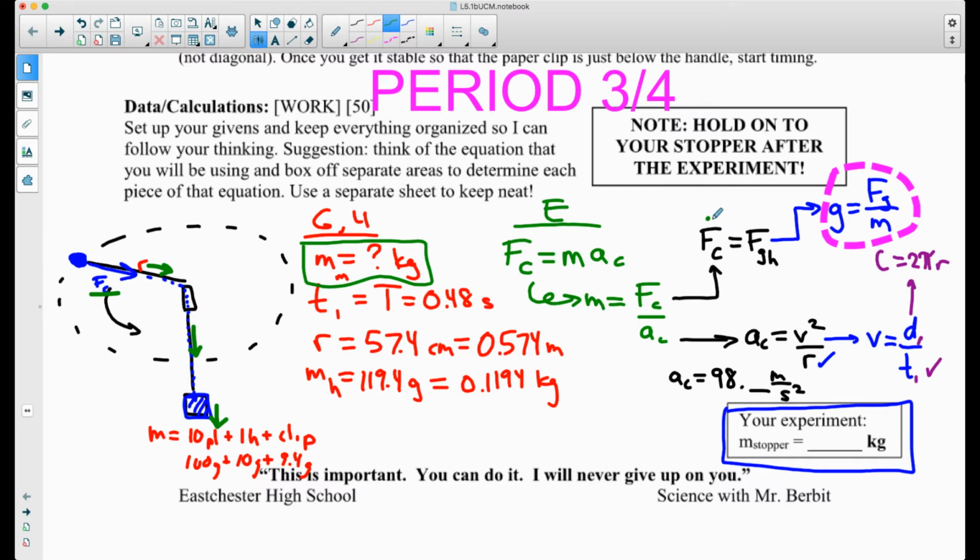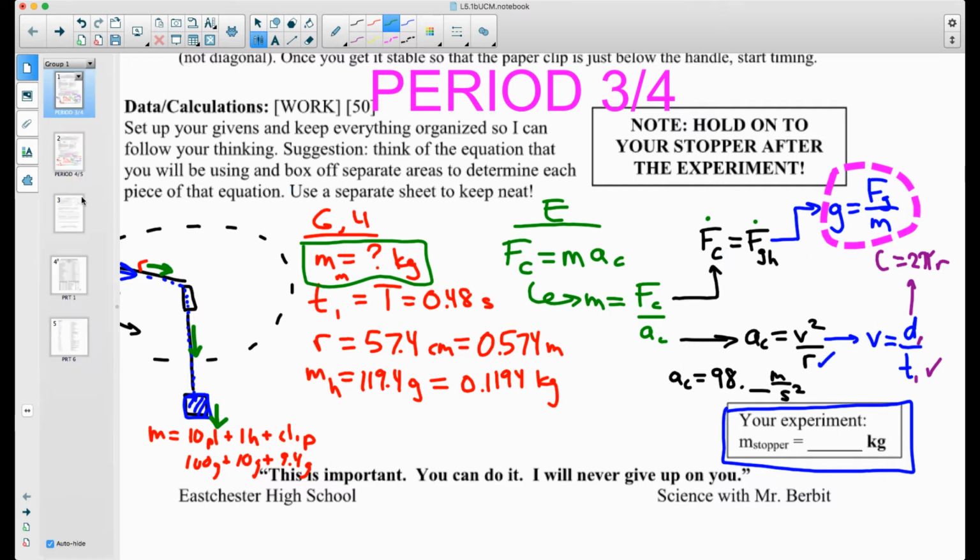Knowing that FC is ultimately caused by and theoretically equivalent to the weight of the hanging mass, now we have the ability to calculate the weight of the hanging mass. Many of you did this already, but it's not bad to review because it's coming up with our next set of questions and topics after the break anyway.